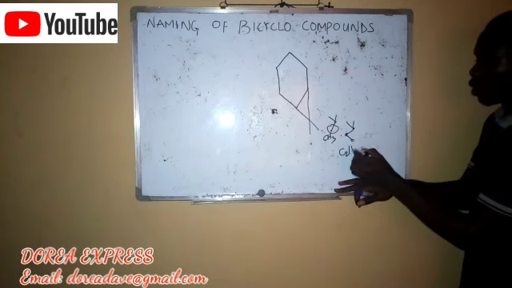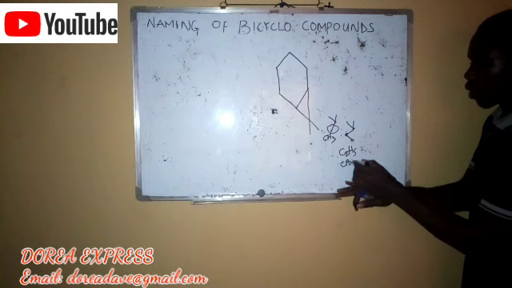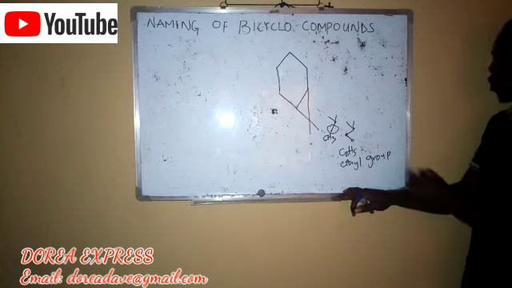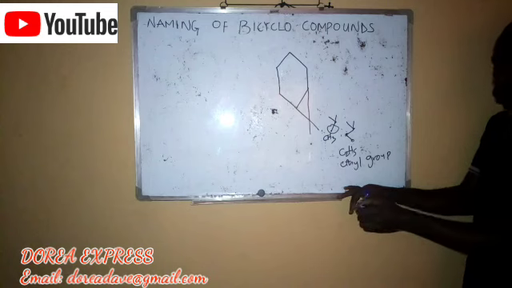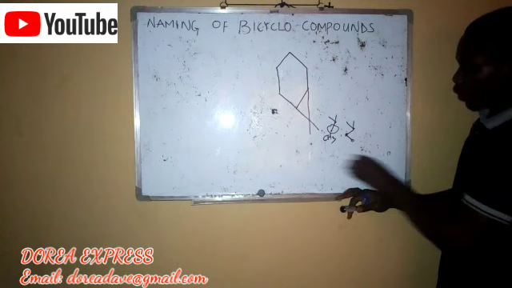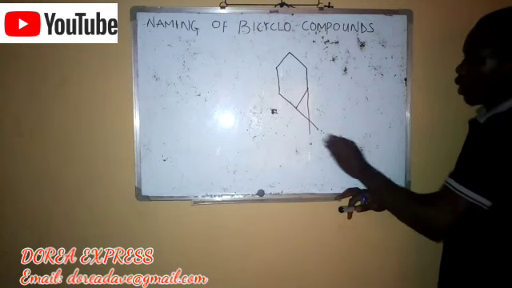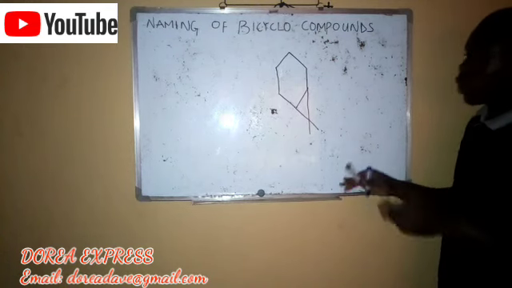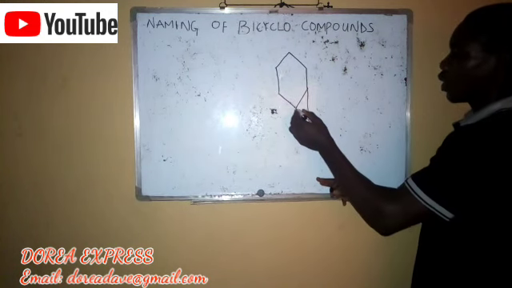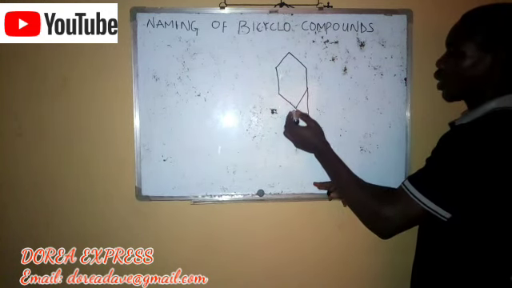So it is a C2H5, ethyl group. So that's another thing you need to know. As we can see, we have two methyl substituents. So let's number the carbon chain of the bicyclo.